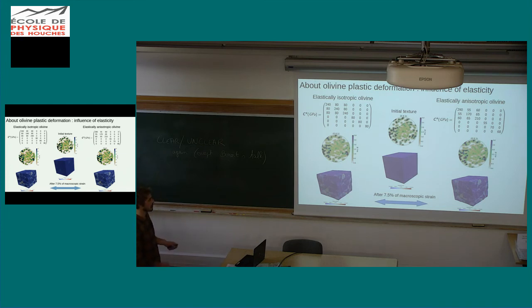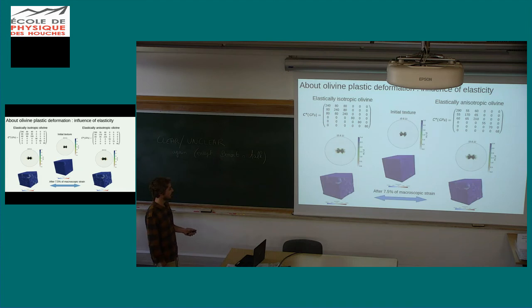We began with a quite random texture, and after 7% of macroscopic strain, we can see that there are little differences between the local dislocation densities. There are very small differences between the textures. If we begin with a strongly textured polycrystal, it is the same: very small differences between local dislocation density and textures.